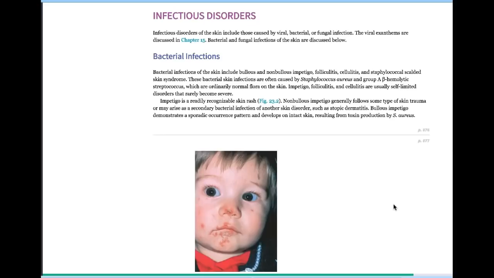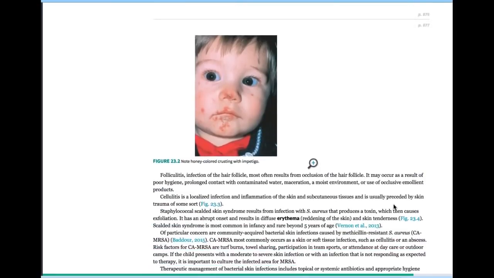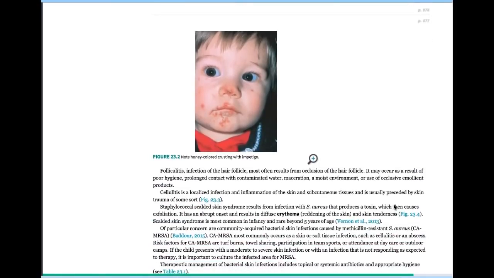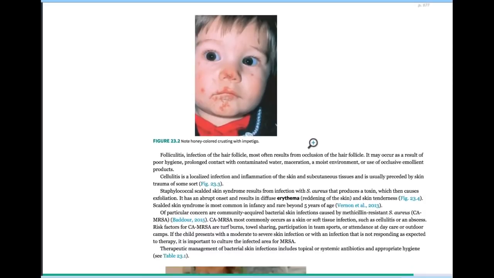Not Neosporin, but the stronger one. Sometimes they have to do a PO antibiotic as well. Bactroban, there we go. Sometimes they try to use topical Bactroban.